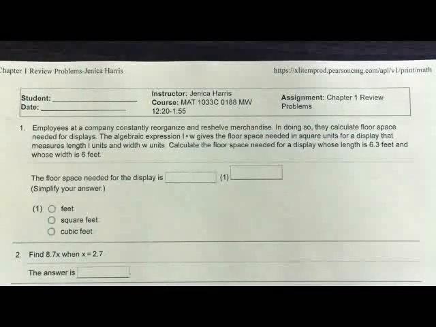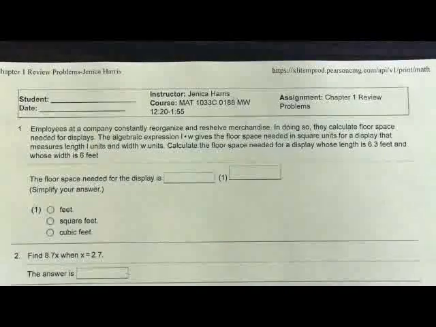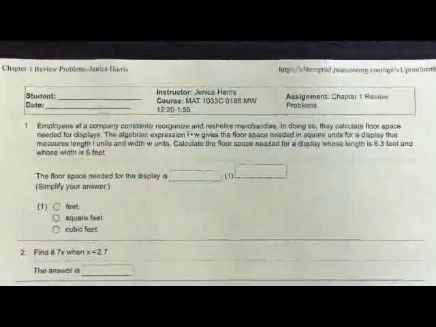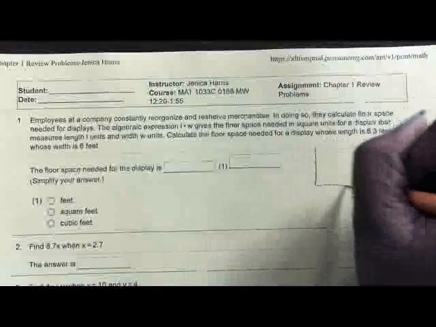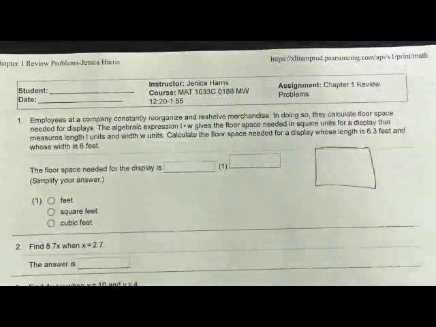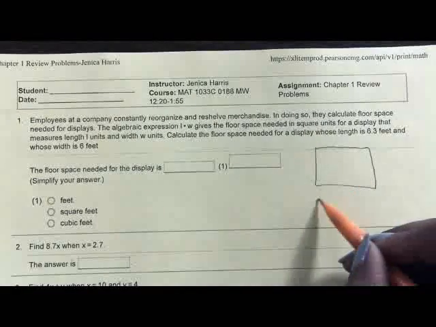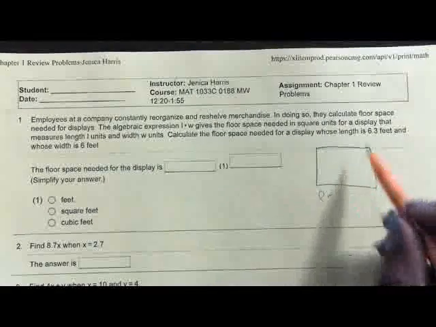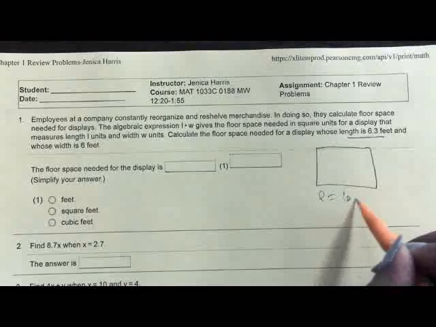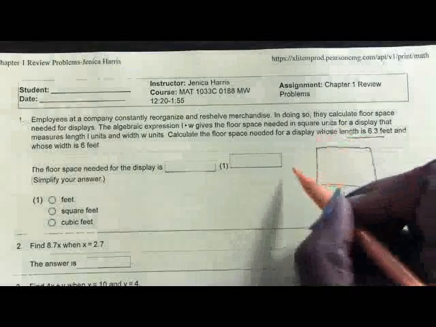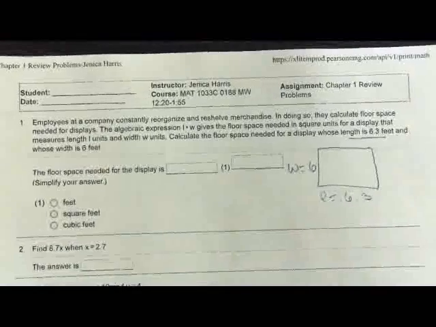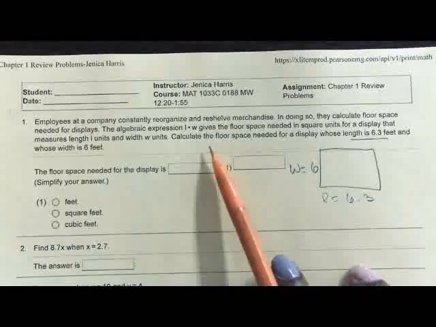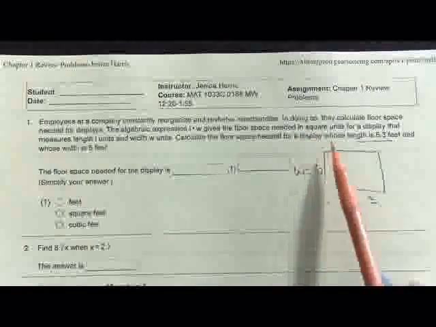Calculate the floor space needed for a display whose length is 6.3 feet and whose width is 6 feet.